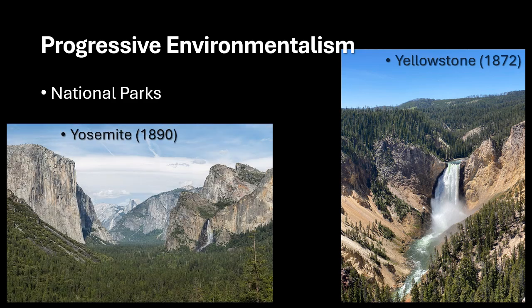By 1890, the second national park, so a big gap between the first and the second, Yosemite National Park, in Northern California, is established. And this is going to be a touchstone point for the best way to make use of these lands, because Yosemite is closer to settled United States settlements in Northern California.